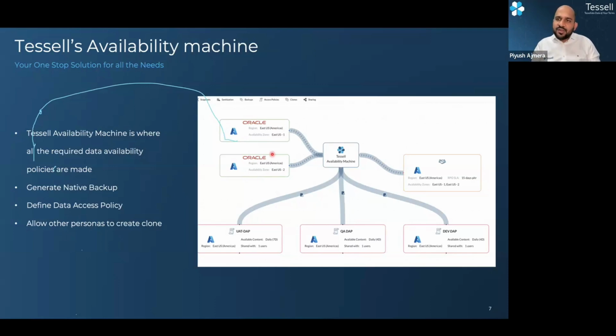You can set up a policy where your data is seamlessly moved into UAT instances, dev instances, QA instances at refreshes. So the whole process of replicating data becomes seamless. And you can allow customers to create clones based on different personas.